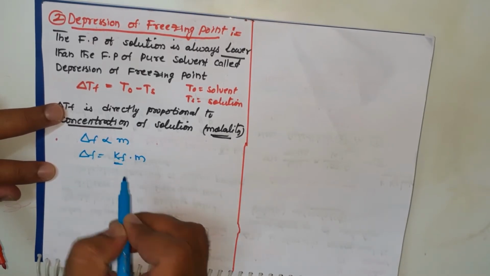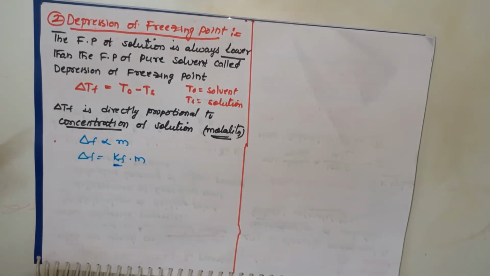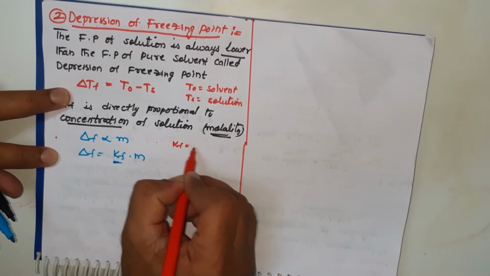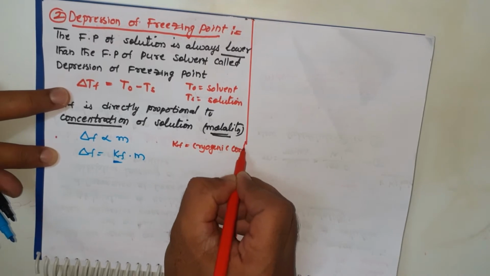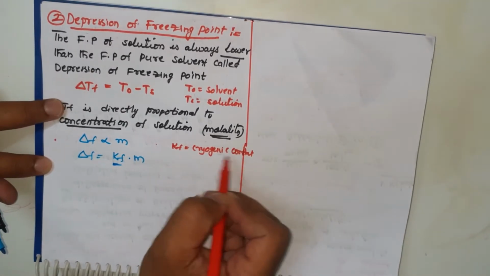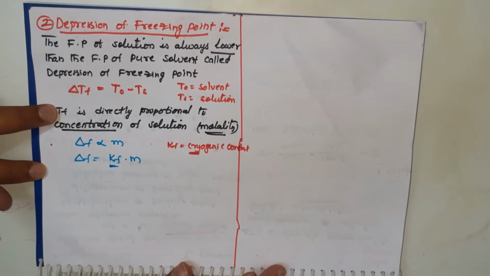Here Kf is the cryogenic constant. It is one constant, the depression of freezing point constant. Cryo, cryogenics, means the study of low temperatures.